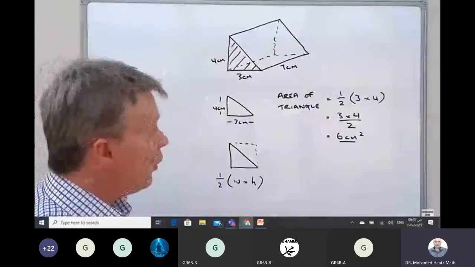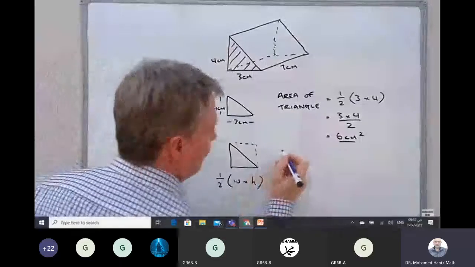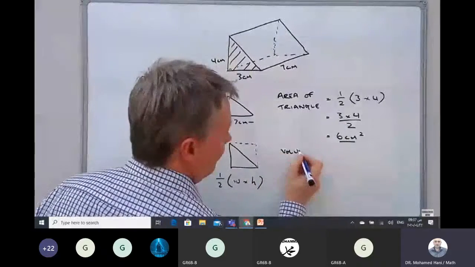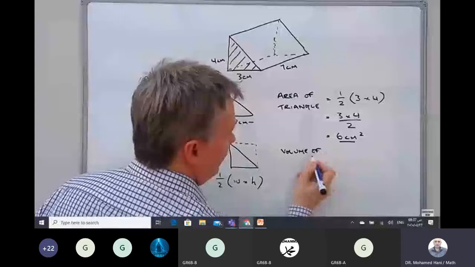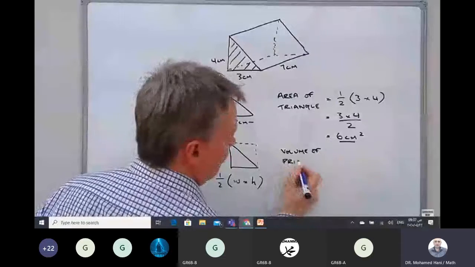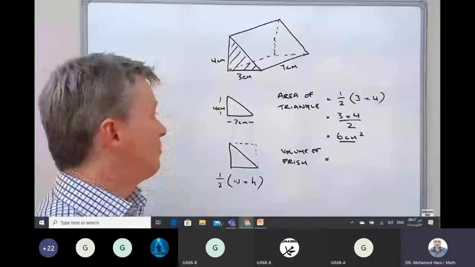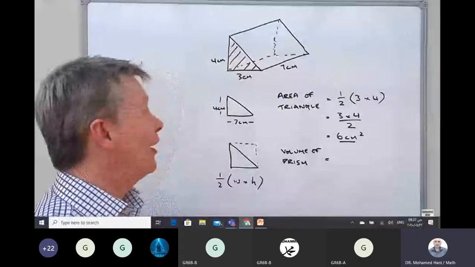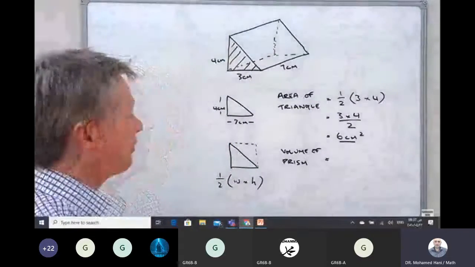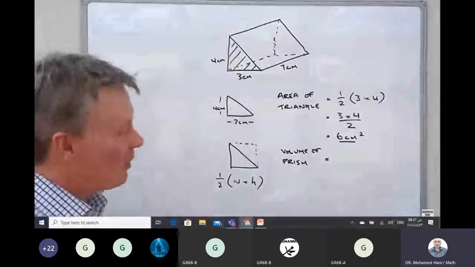And in order to calculate the volume of the prism, okay, it's actually a triangular prism. It's a bit like a Toblerone bar. If you're in the UK, we have Toblerone, which is a chocolate bar.